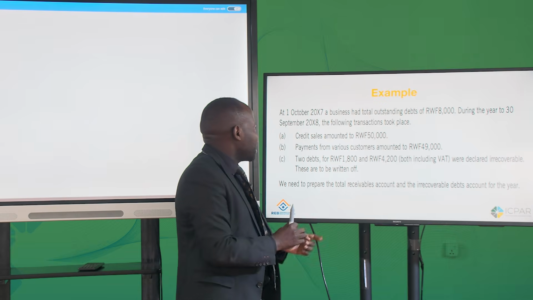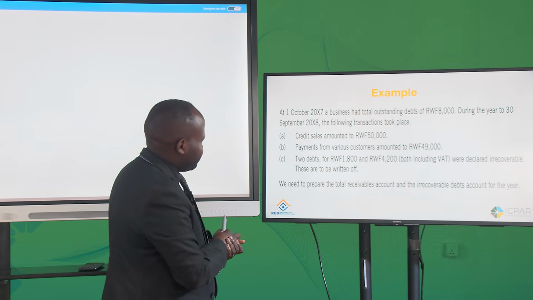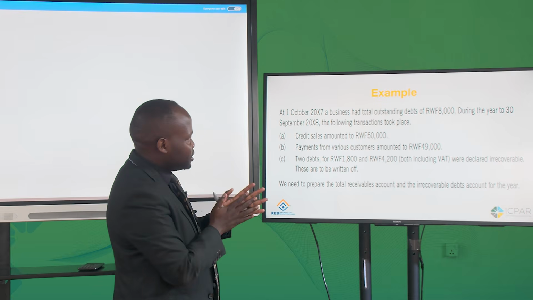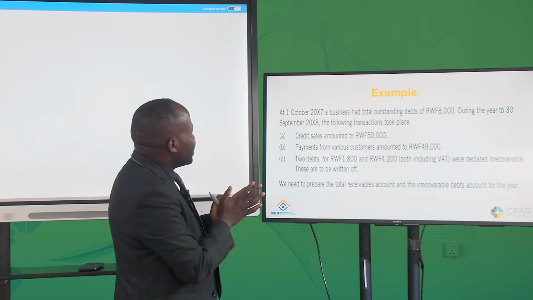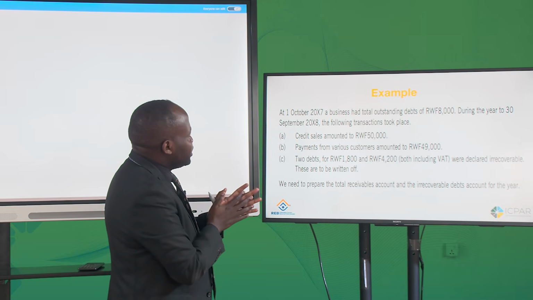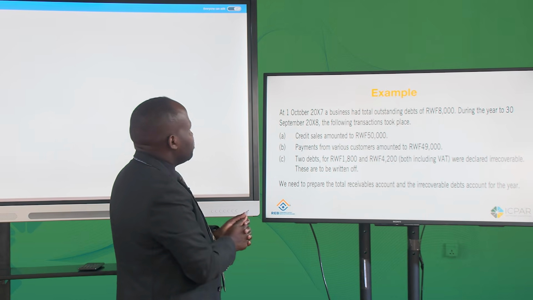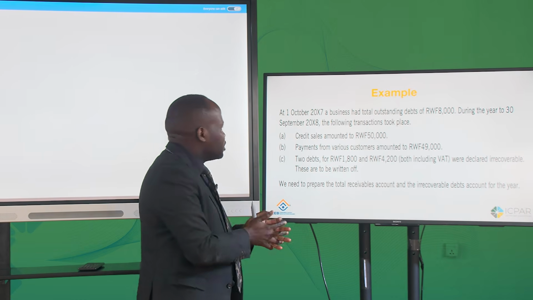Example. At 1st October 20x7, a business has a total outstanding debt of 8,000. During the year to 30th September 20x8, the following transactions took place. Credit sales, payments from various customers, and 2 debts.